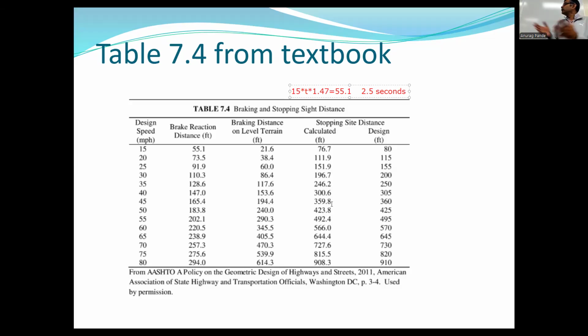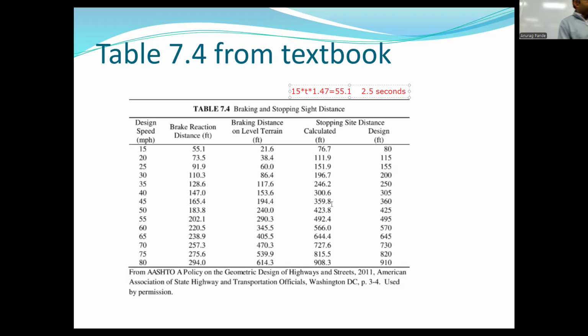These tables are from the AASHTO Green Book, which is the highway design manual at the federal level, and California has its own highway design manual, very similar to the federal manual. This table is from the AASHTO Green Book, but Caltrans uses something very similar. So according to this, the reaction time is 2.5 seconds, which is plenty of reaction time.